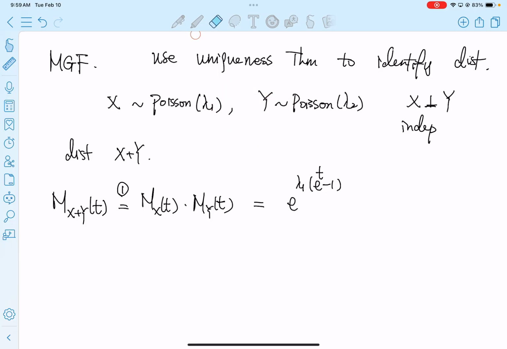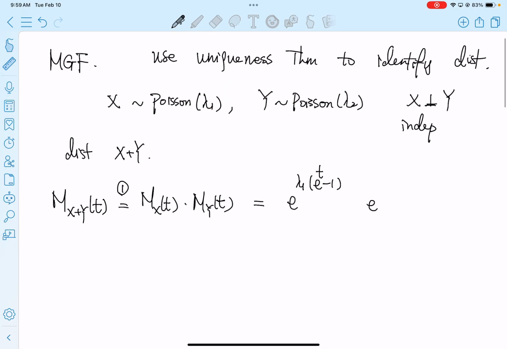Okay, and then because the other variable is also a Poisson random variable, you will also have the same formulation, except that you have a new parameter lambda 2.